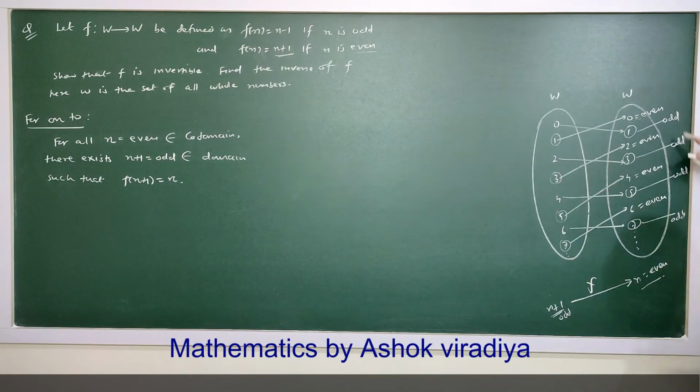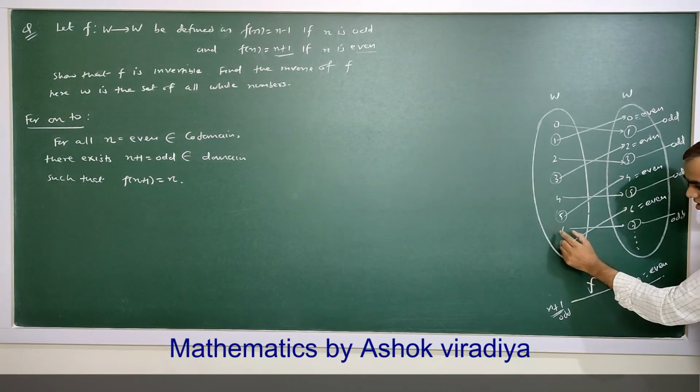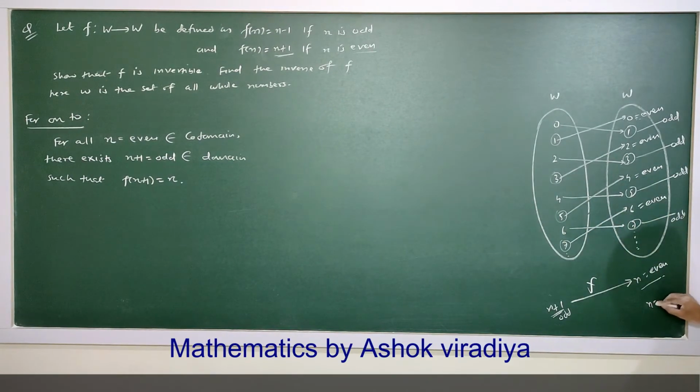Now focus on odd numbers. If any odd is selected from the codomain, then its pre-image is even but one less, that is n minus 1. So if n is odd, then its pre-image is one less, which is even. Under f, this is happening.